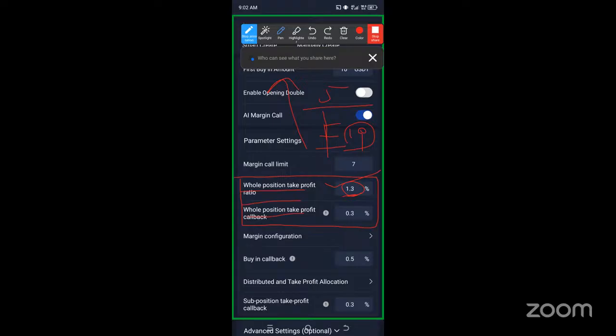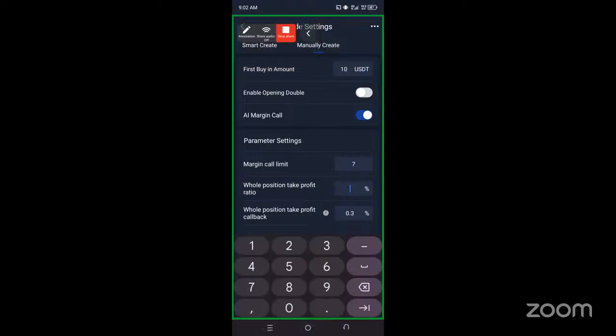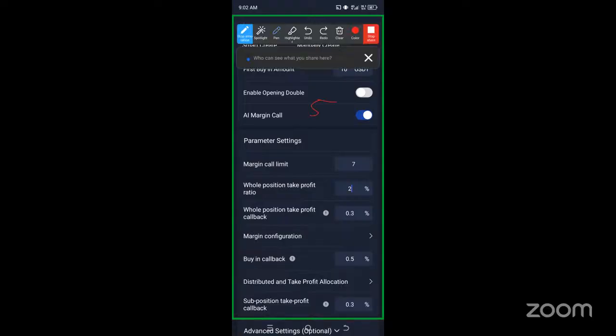The 4 margin calls alone. Why? Because we said that using a martingale strategy, when the market goes up, robot will sell 4 margin calls at the same time. It gives you 2% of all it has bought. And we can calculate and see if I use the $5 as first buying amount plus more 4, 5, 5, 5, 5.